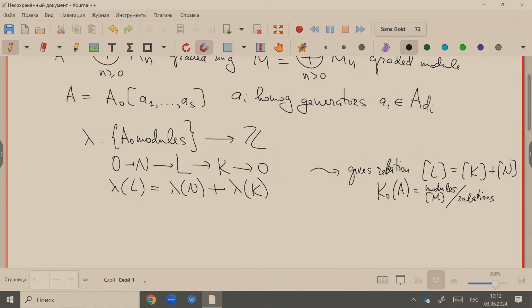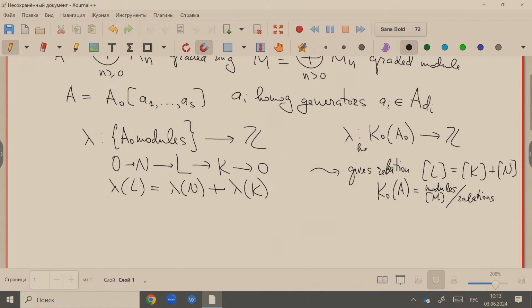Yes, so this is a homomorphism from the K group to Z. But this is not used further here, and that's why I just didn't mention it. But since it is a very important notion in general, I should have mentioned it.